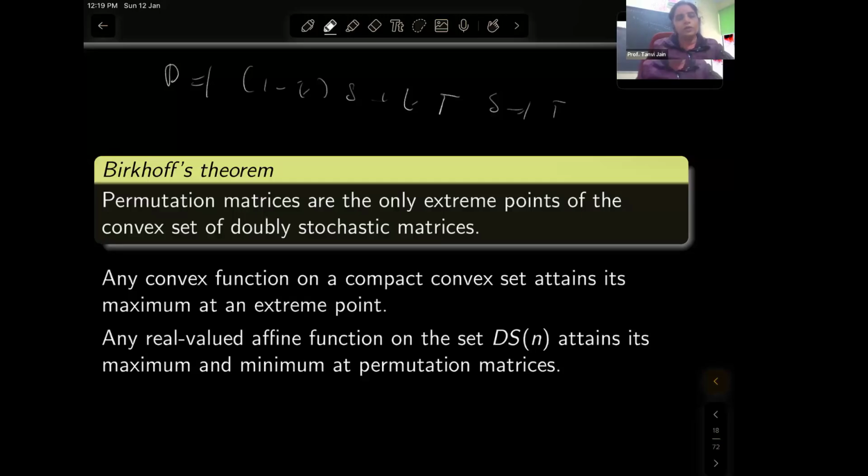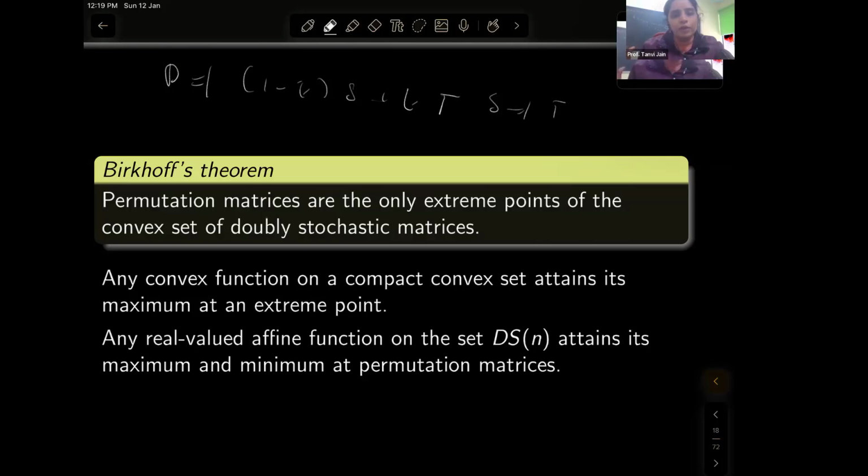Now coming to convex analysis. Any convex function on DSN will have its maximum attained at a permutation matrix.